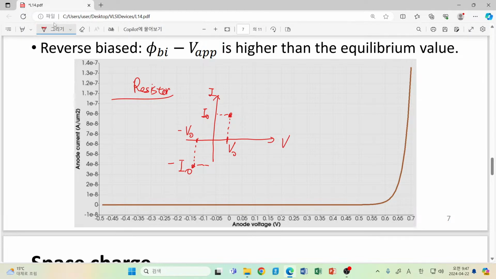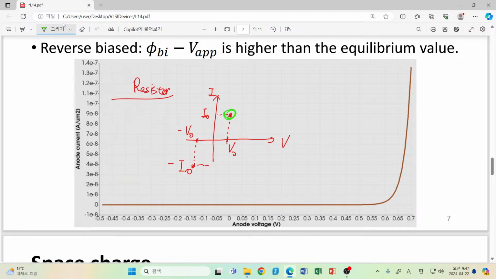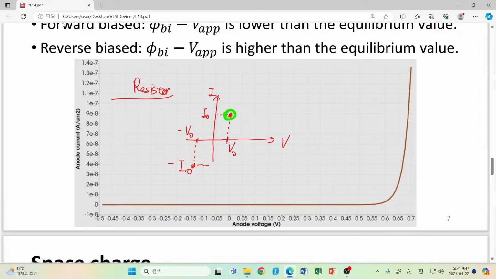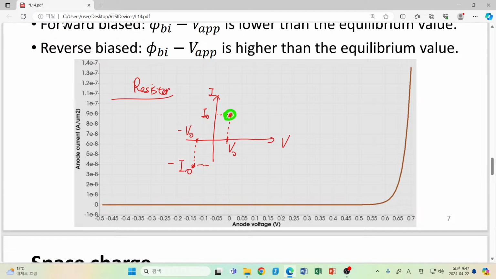However, as you know, with this PN junction, this is not the case. Although we have a certain amount of current conducted at positive voltage, if we go to the negative voltage corresponding to the reverse bias mode, then what is the expected current value? The current value will be quite close to 0.